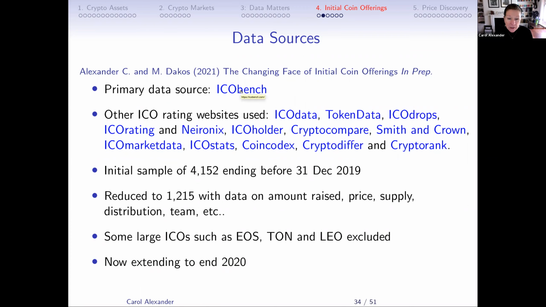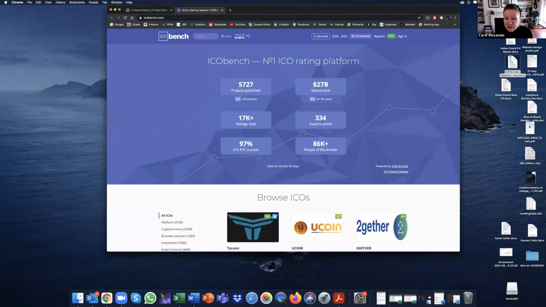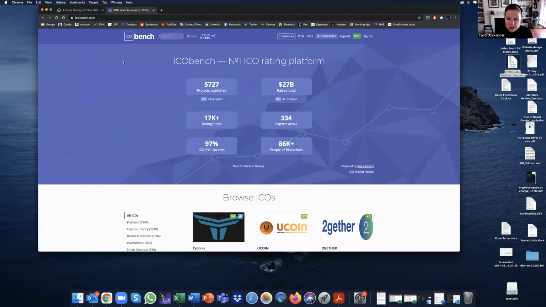And anyway, so we get ICO Bench as a primary data source, but unfortunately these sources are drying up now. One of the reasons why we haven't published the paper is that we want to look at, they're coming back. I mean, they really dried up in 2020. It was very few ICOs.